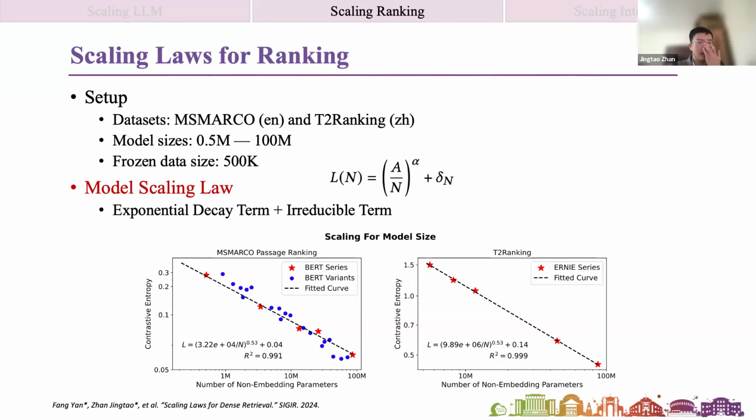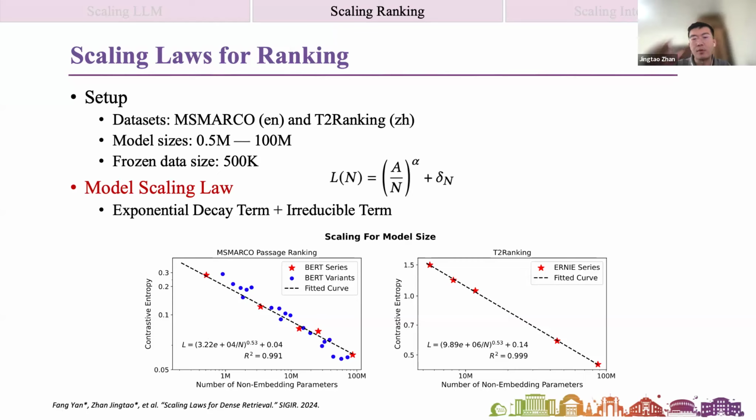And we use datasets of 500,000. The x-axis is model size and the y-axis is contrastive loss. The two axes are both on a log scale. The left side is an English dataset and the right side is a Chinese dataset.